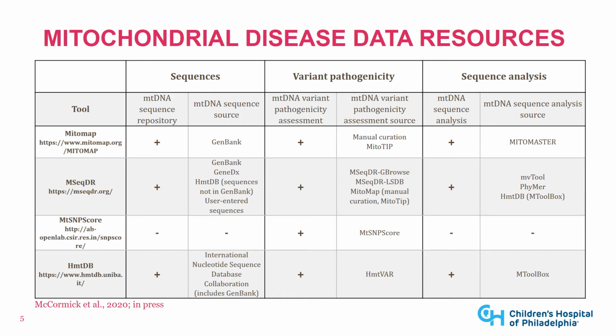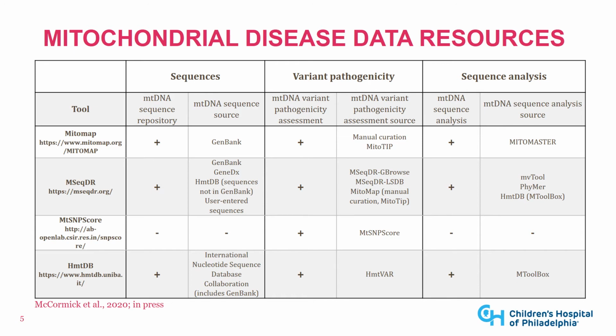And just to briefly run through a few of these tools, so MitoMap has really been the gold standard mitochondrial DNA variant tool and database over the last several decades. And that is led by Marie Lott and Dr. Doug Wallace and Dr. Vincent Procaccio, who work on that as well.